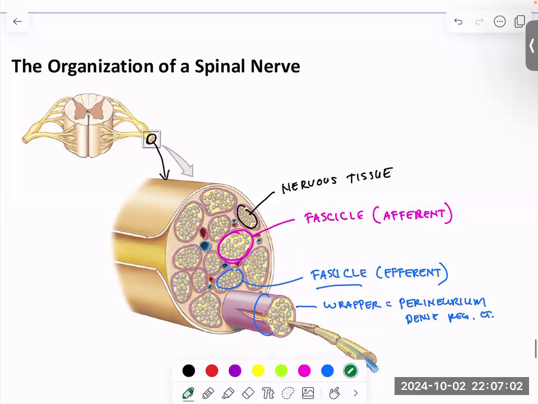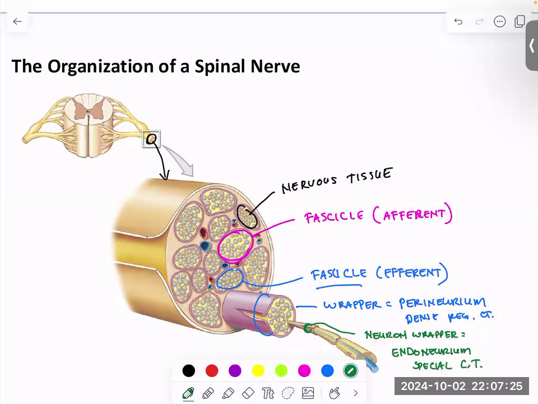Surrounding the neuron, you also have another wrapper. This one is called the endoneurium. And we're going to summarize this as made of a special connective tissue.